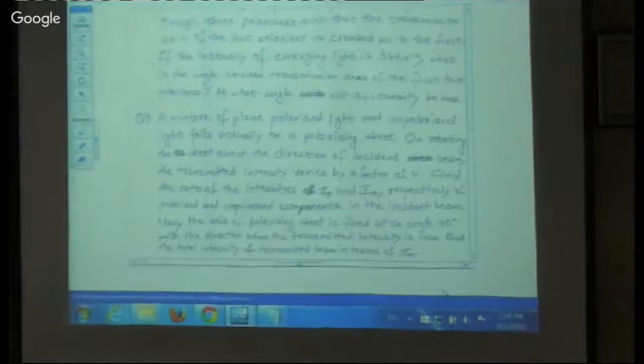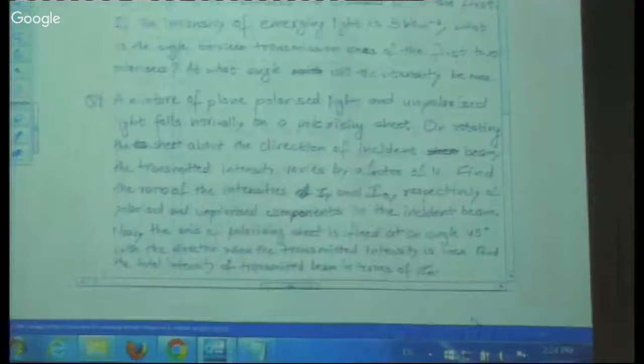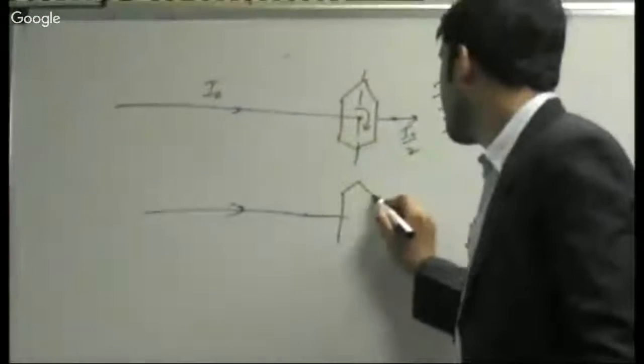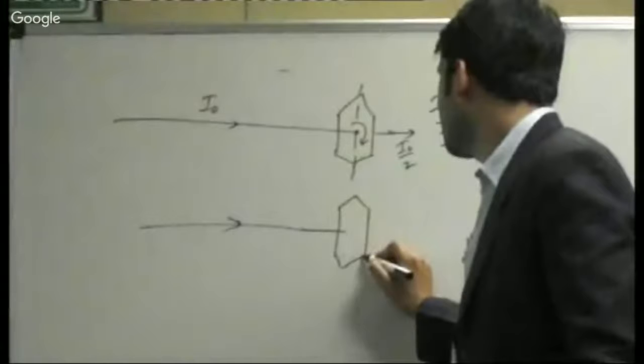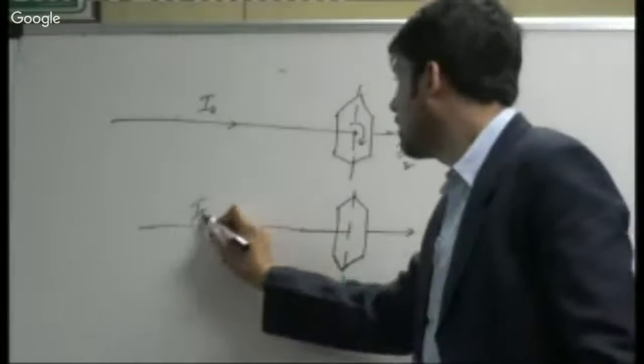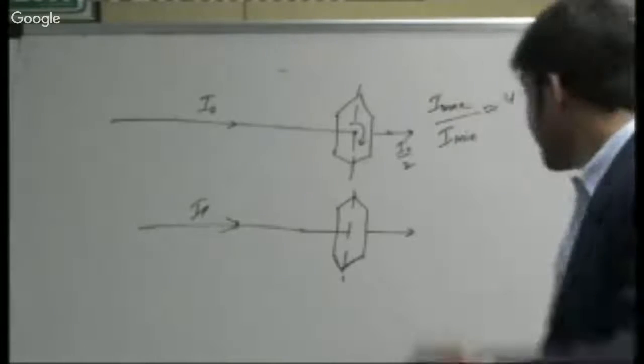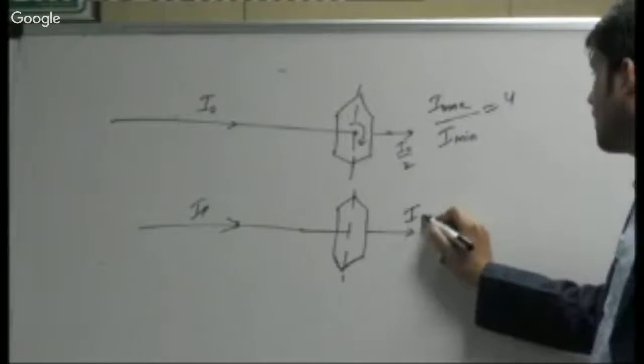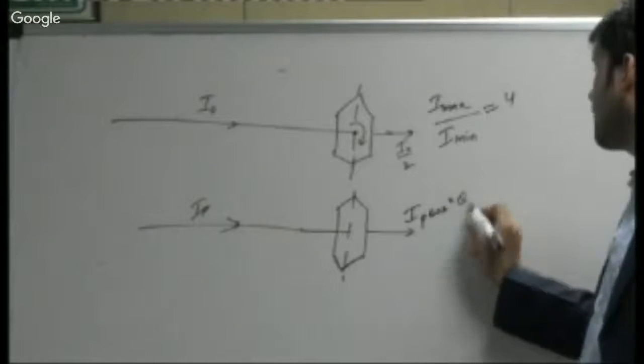It appears to be a very difficult, very long question, but let's see. Let's split it. When only unpolarized light is sent, the intensity is I naught by 2. When only polarized light is sent, the intensity varies according to the function cos square theta.